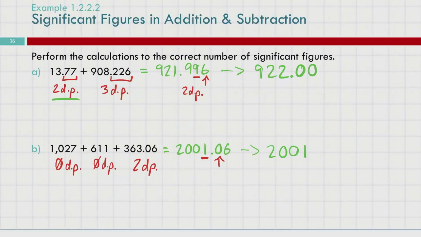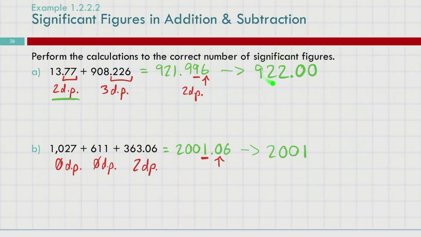Why wouldn't we turn it into scientific notation? Since they're whole numbers, we don't have to turn either of these into scientific notation. The 2001, because our last number is a non-zero number, and our interior zeros are always significant.